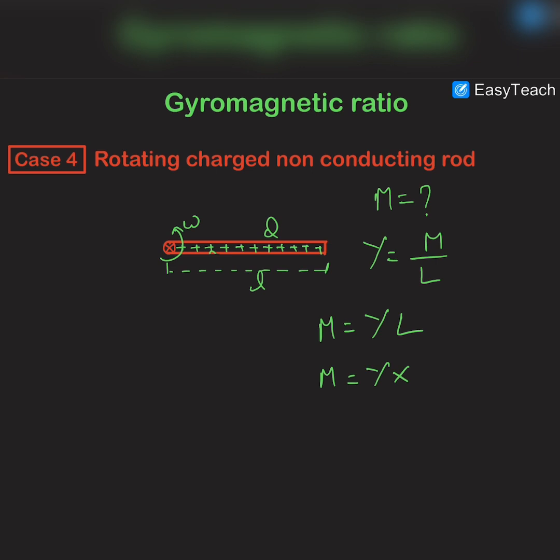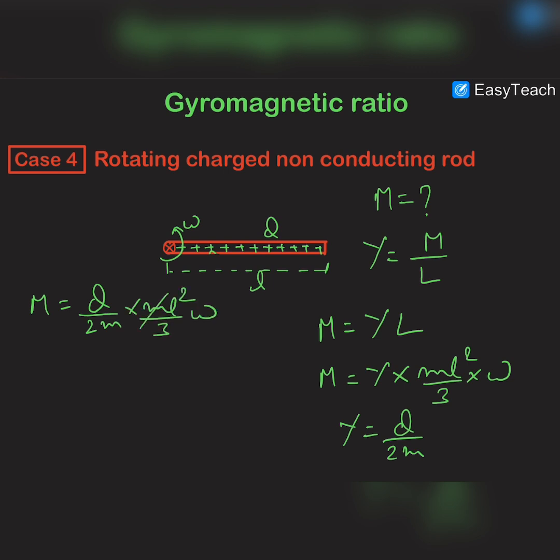Now we know that about this axis the moment of inertia of the rod is m L square by 3, and omega is the angular velocity, and gamma is equal to q by 2m. So M will be equal to q by 2m into m L square by 3 omega. Cancelling m with m, M will be equal to q omega L square by 6. This is the magnetic moment of this rotating rod.